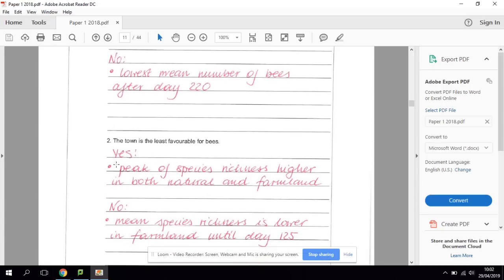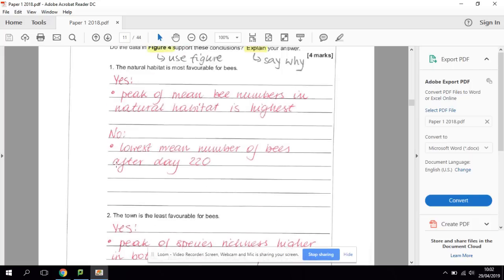So then the town is the least favorable for bees. So yes, peak of species richness higher in both natural and farmland, and no, mean species richness is lower in farmland until 125 days.